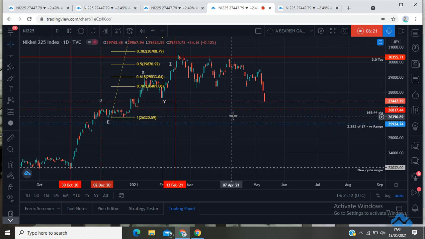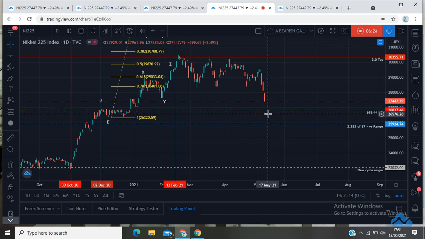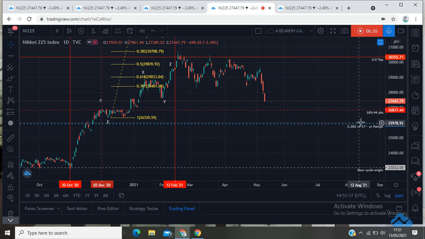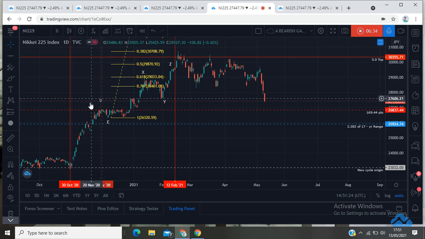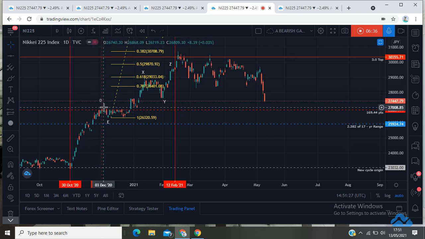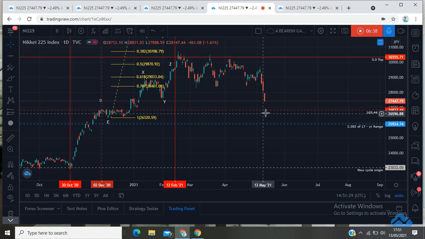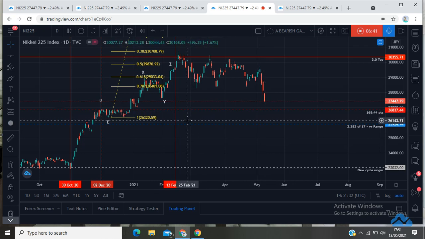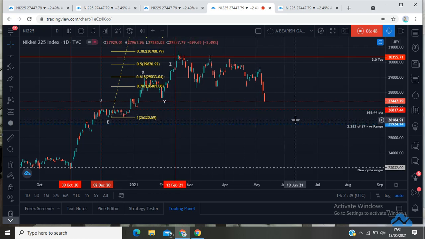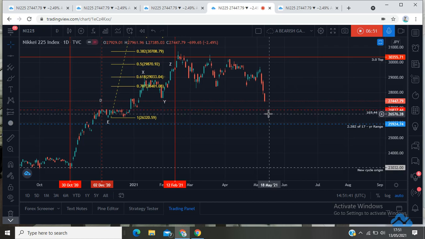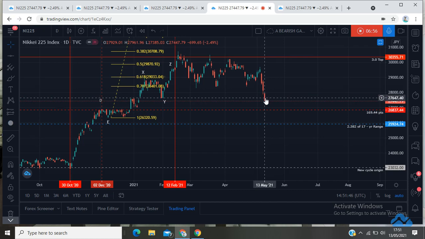So we expect that this point here, which we have indicated with the red line, that is the terminus of the old triangle, which is point D level. So point D level was this point, but point E came a little below it. It didn't start from there, it came below it. So we expect that this point D, which is the 26837 level, will hold, assuming price will reduce further down.